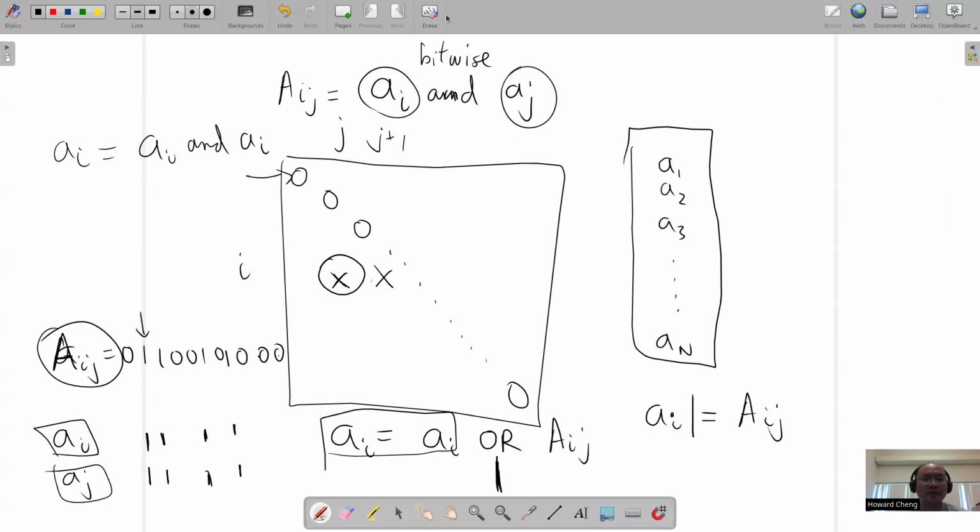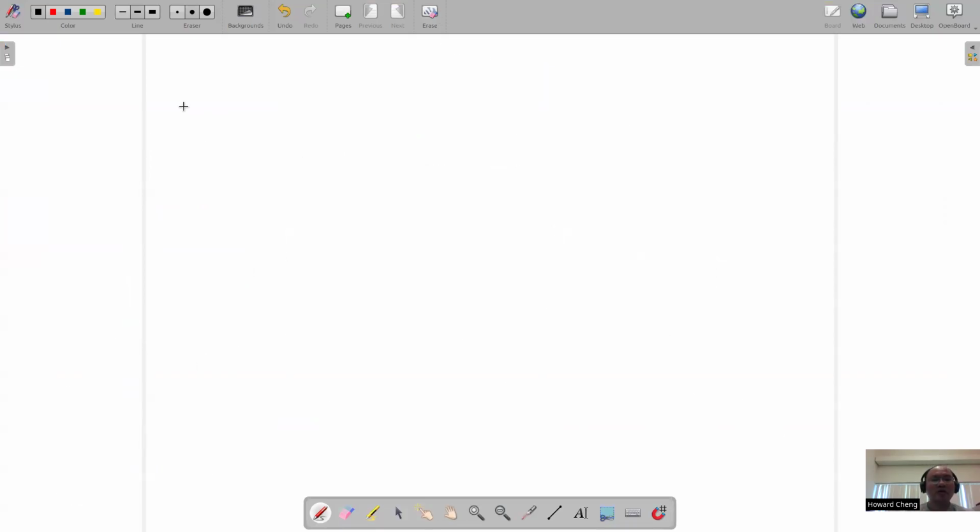Okay, so what are the features here? You have N people, M pairs, and whenever you see this, you probably should think about a graph of some kind.